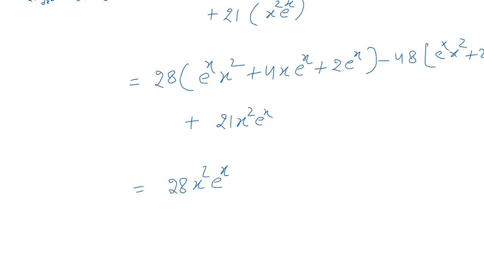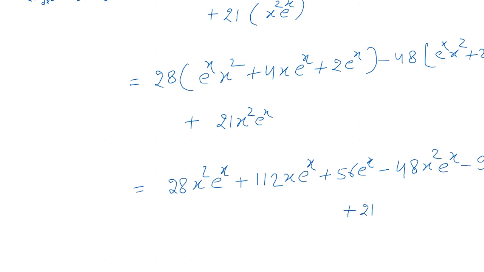Now 4 times 28 is 112 x into e to the power x, and plus 56 into e to the power x, minus 48 into x square into e to the power x, and minus 96 x into e to the power x, and plus 21 x square into e to the power x.